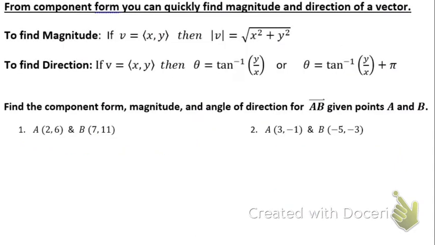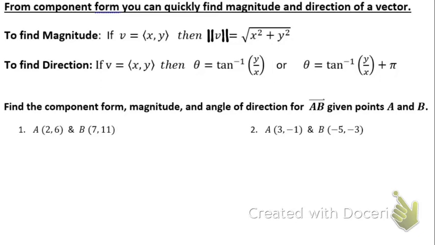So to find the magnitude, and there's a slight typo on your page, this should actually be a double set of lines around our vector. A single set of lines is absolute value. That double set means magnitude. To find our magnitude, we're going to square the two components, add them together, and then square root them.